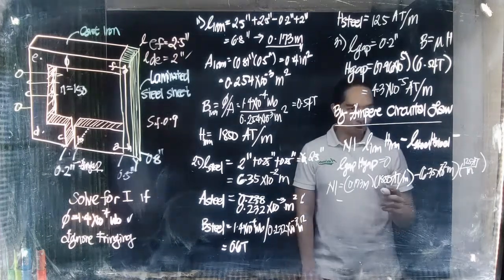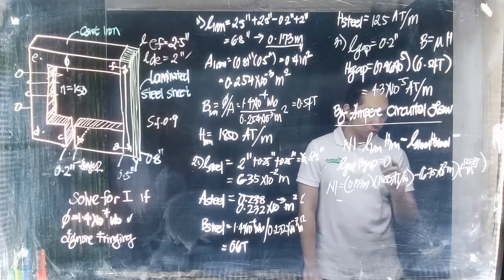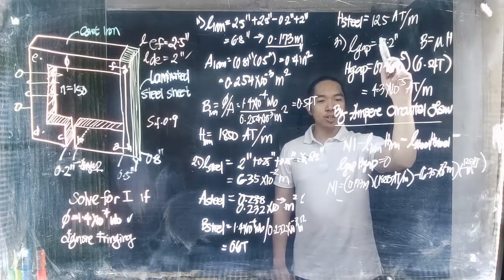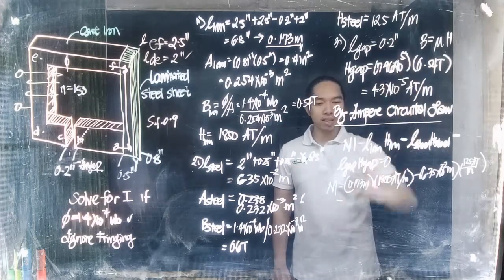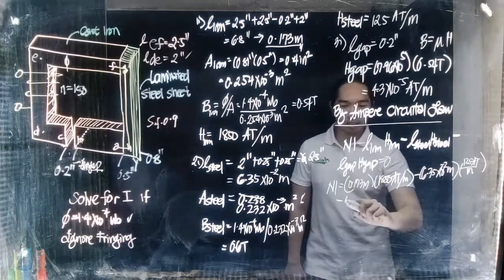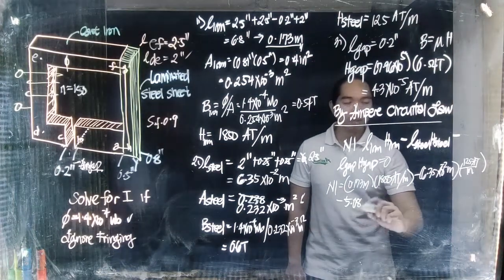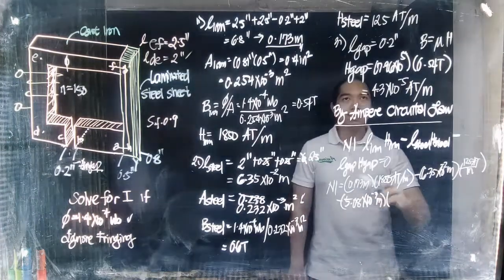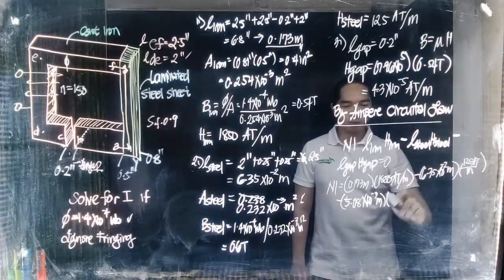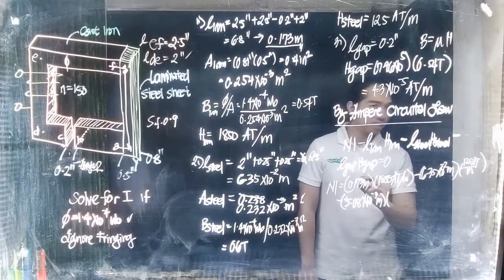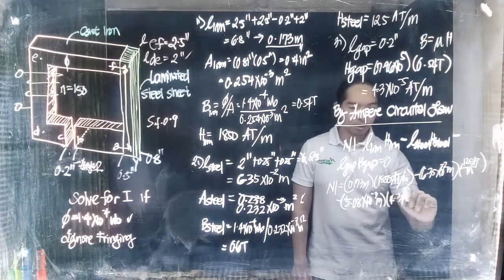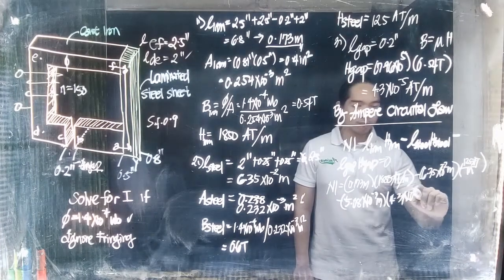So I forgot to convert this. Hindi ko nilagay yung conversion. So conversion ng 0.2 is, eto na, lagay ko na lang dito. So that is 5.08 times 10 raised to negative 3 meters times 4.3 times 10 raised to negative 5 ampere turns per meter.